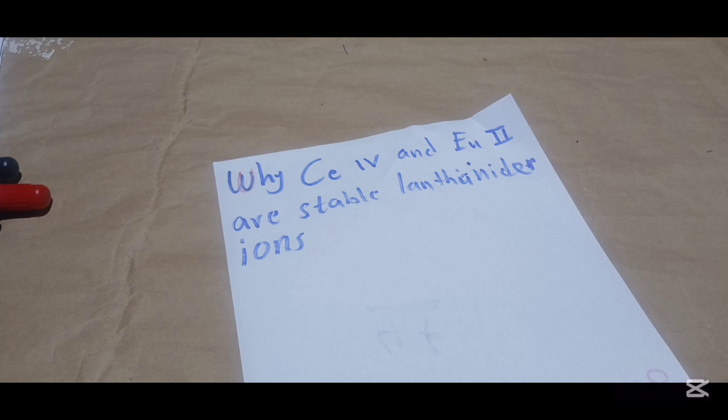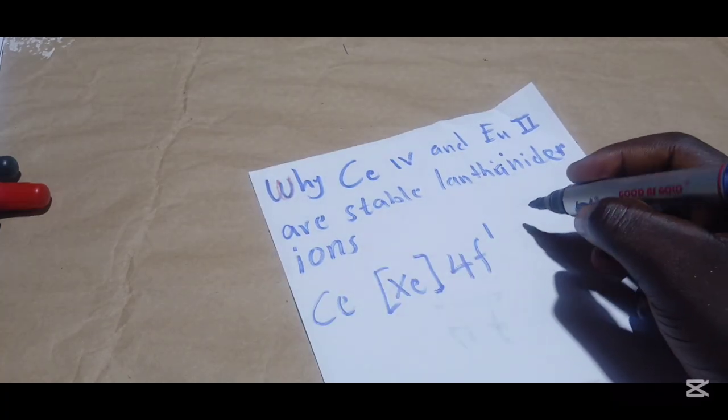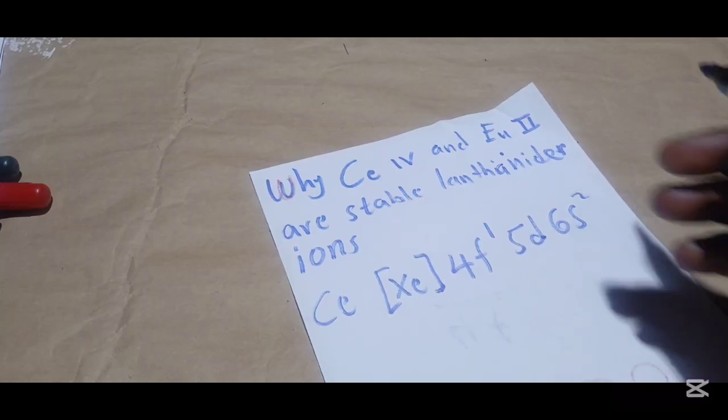Why are cerium 4+ and europium 2+ stable lanthanide ions? Problems like this, you don't have to memorize them, you don't have to force yourself to recall them. Just make reference to your periodic table. Let's look at the electronic configuration of cerium: 4f1, 5d1, and 6s2.